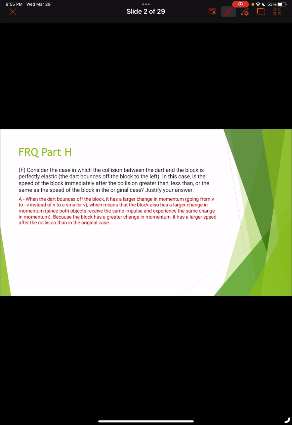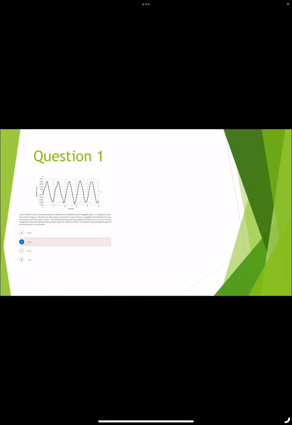That's because when the dart bounces off the block, it has a larger change in momentum, because it has the same impulse. And so since the block has a greater change in momentum, it has a larger speed after the collision in the original case. And here are my notes to support that.